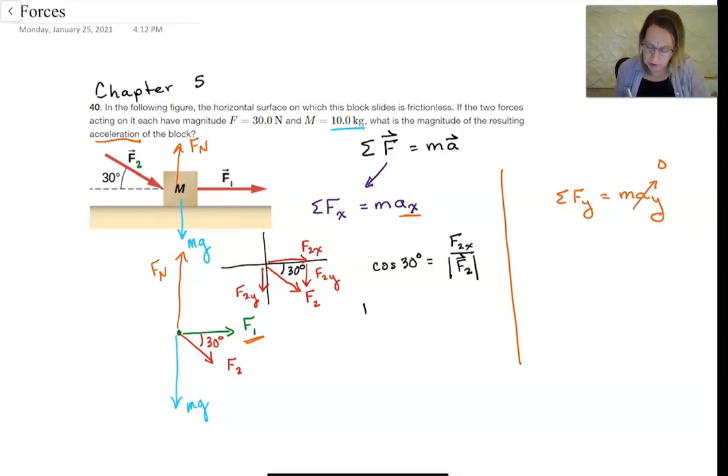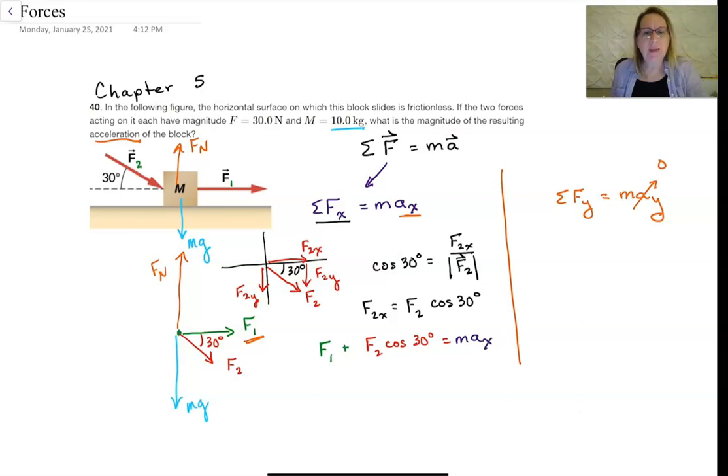And so F2x is just going to be the magnitude of the force times cosine of 30 degrees. Now I think we have all the forces that we need in the x direction, because I've got two of them. I've got F1 plus F2 cosine of 30 degrees is equal to m times a in the x direction.